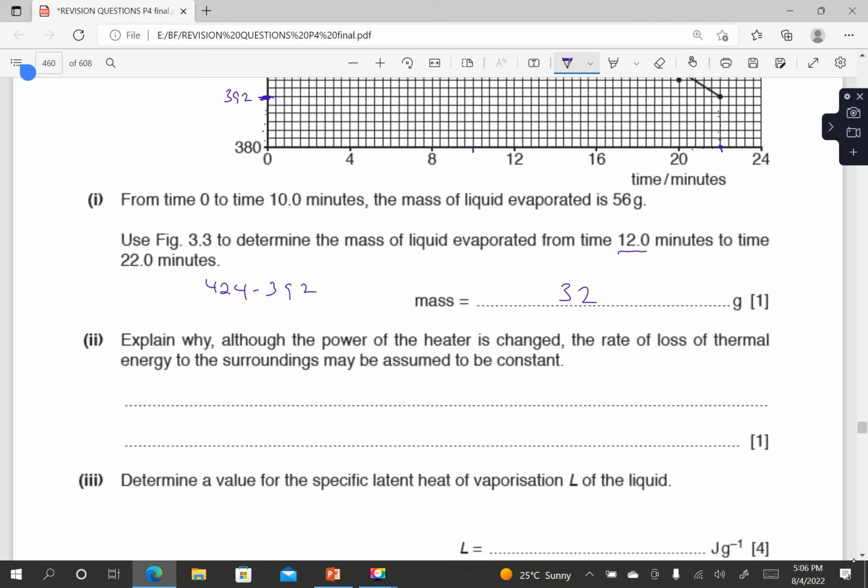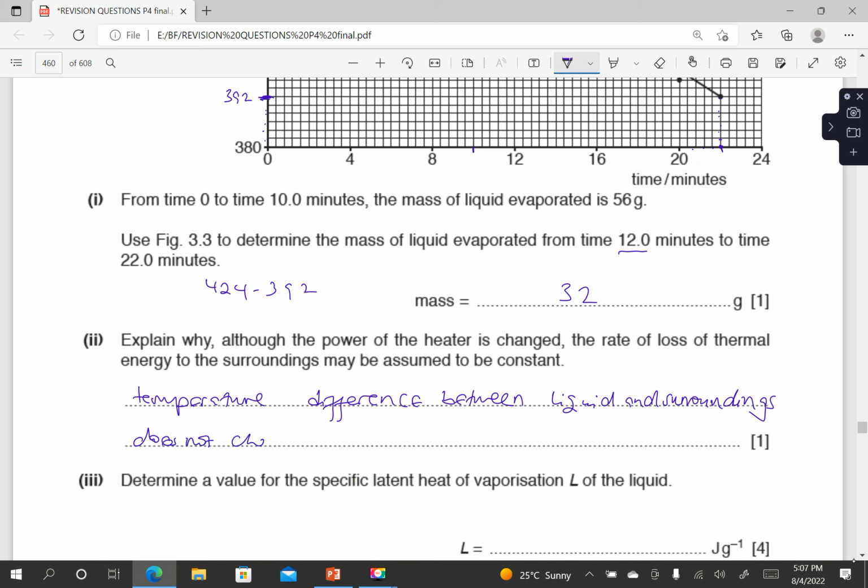So the temperature difference between the liquid and the surroundings does not change when the liquid boils at a constant rate.